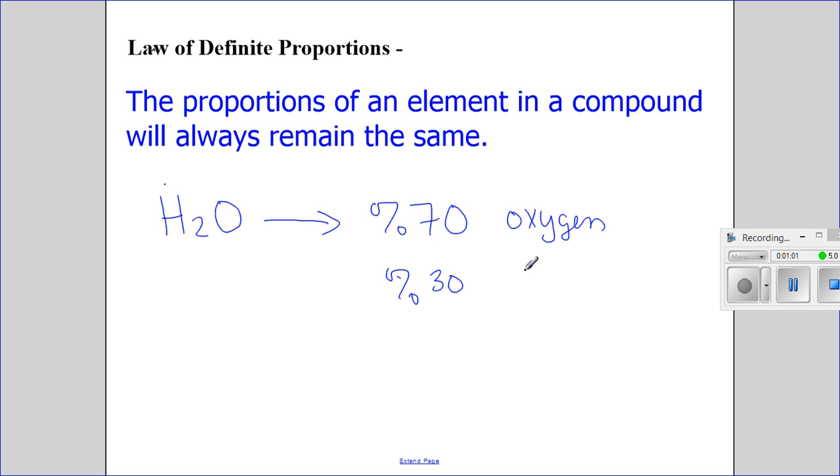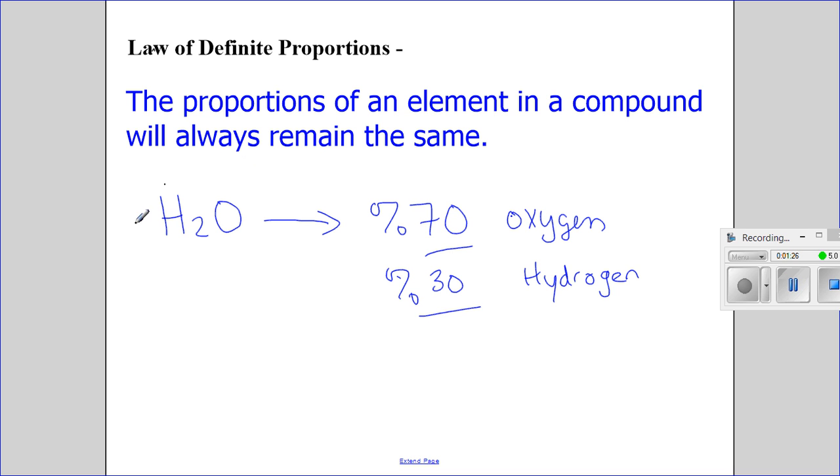Those numbers are completely wrong for water, but whatever the percentage is, those values are constant. It doesn't matter how much water you have. 70% of the mass of water will always come from oxygen. So if you have 100 kilograms of water, 70% of that mass comes from the oxygen, and 30% of that mass comes from hydrogen. It doesn't really matter what sample you have.